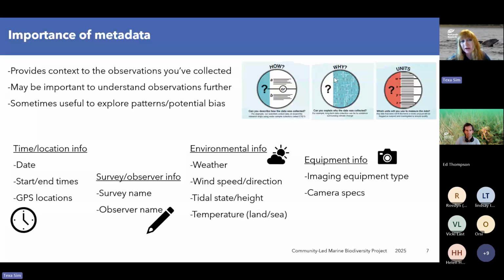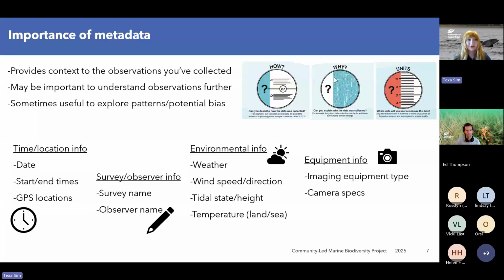We get a different type of camera, different type of video recording system. And if that changes between surveys in the same place, it might influence what you can and cannot see. So having that information is really important. And there are sections in the handbook forms that allow you to note this information down.